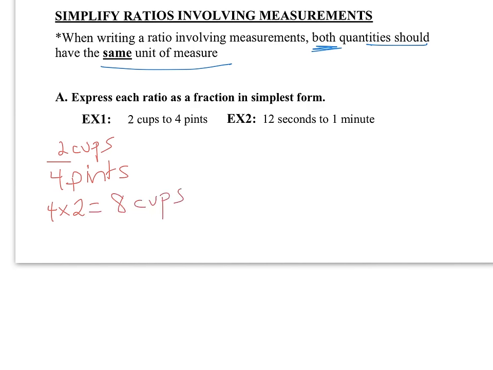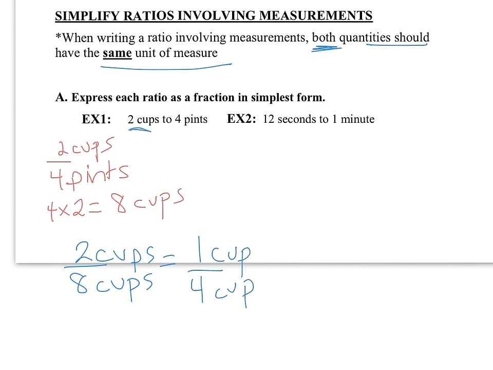So now I'm going to take the 2 cups from the original problem, and I'll put it over 8 cups. And I can reduce that now because they are both the same unit of measure as 1 cup to 4. And that would be my final answer.